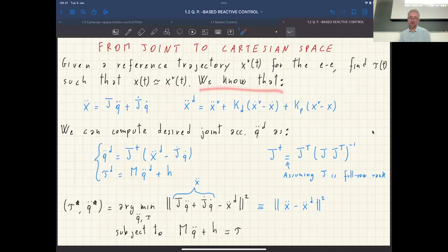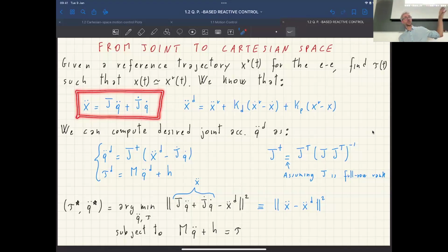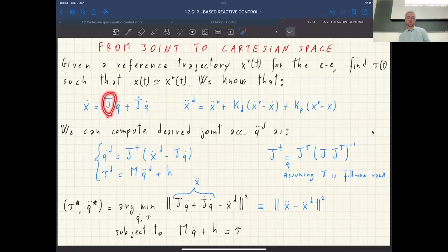We're going to start from a couple of things that we know. First of all, if you remember, we know that we have this relationship between the accelerations of the end effector and the accelerations of the joints. So x double dot, which are the end effector accelerations, are equal to J q double dot plus J dot q dot, where J is the Jacobian matrix, q double dot are the joint accelerations, and J dot and q dot are simply the derivatives of J and q.